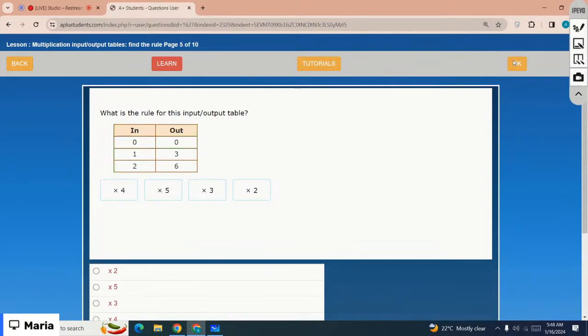What is the rule for this input output table? Which is the correct option? Input values are 0, 1 and 2. Output values are 0, 3 and 6. Which is the correct option?